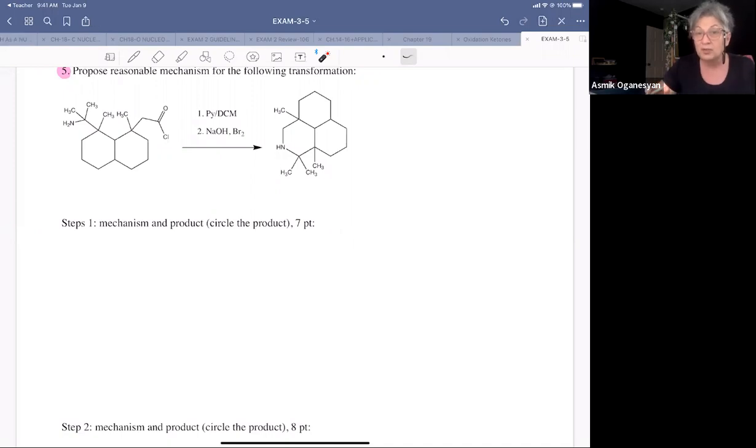Anytime when all the information is given, you want to find the resemblance between starting material and the product. So let's do our quick investigation first and recognize what we have in the starting material. Well, over here, we have 2 cyclohexane rings fused together through a bond.